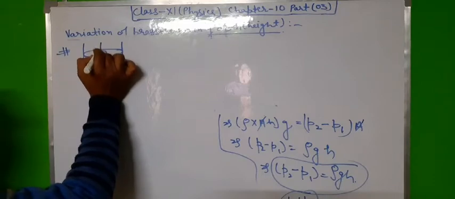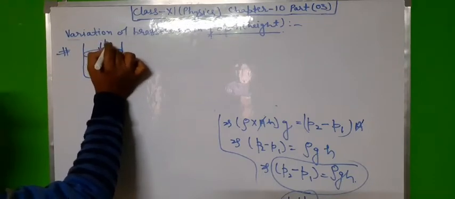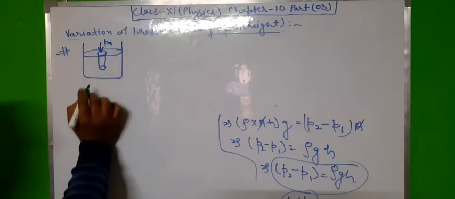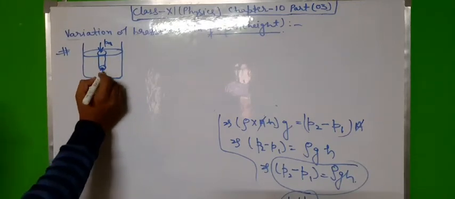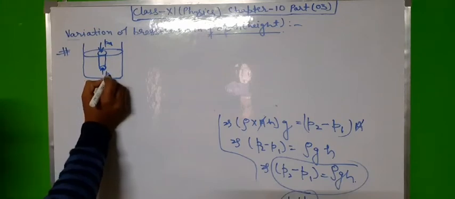Then the pressure exerted on the surface will be the atmospheric pressure Pa, and here the pressure will be P2.